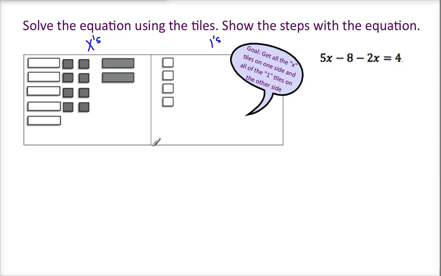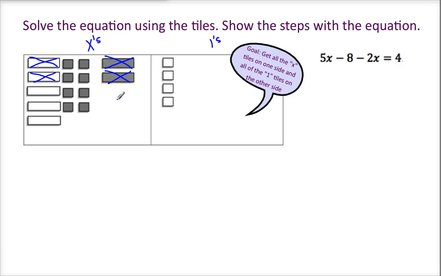The first step is we want to simplify the expressions on either side. Looking at the left side of the equation, we're going to find any 0 pairs that we can. 0 pairs would be a positive x and a negative x. That would be a 0. And there's another positive x and a negative x.